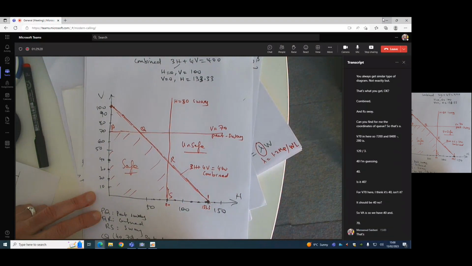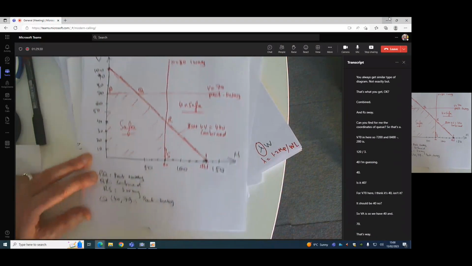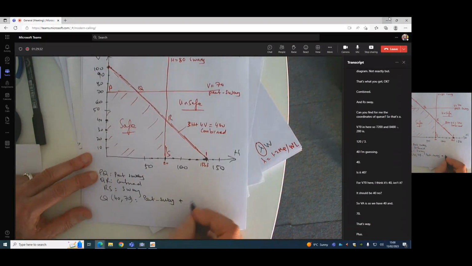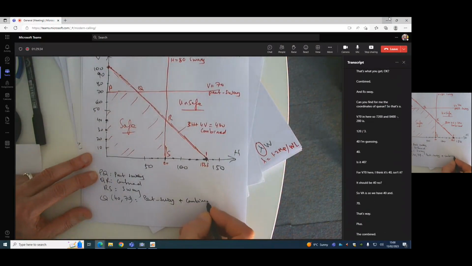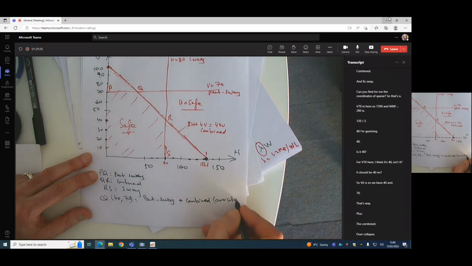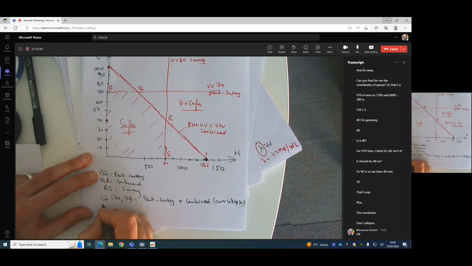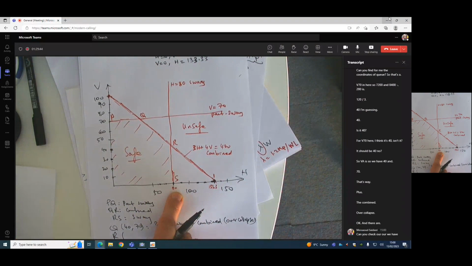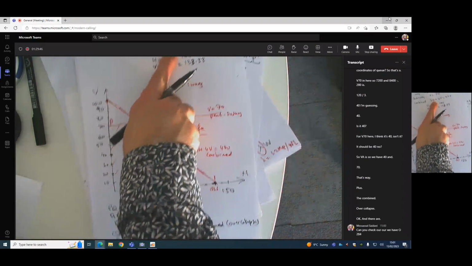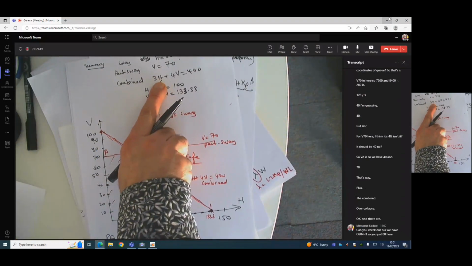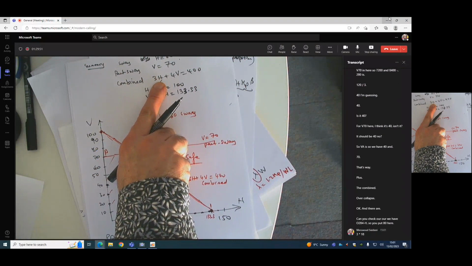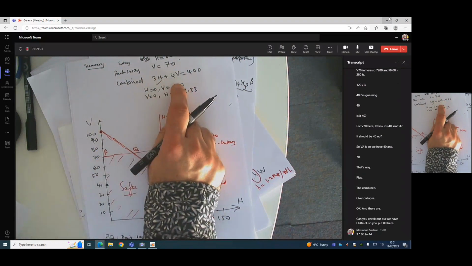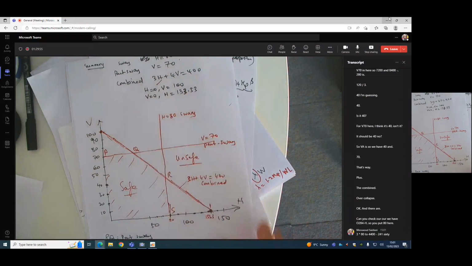Part sway plus combined over collapse. Okay, and R, can you check R? We have 80 for H. So you put 80 here, 3 times 80, 240, 400 minus 240, 160, 160 divided, is it 80?